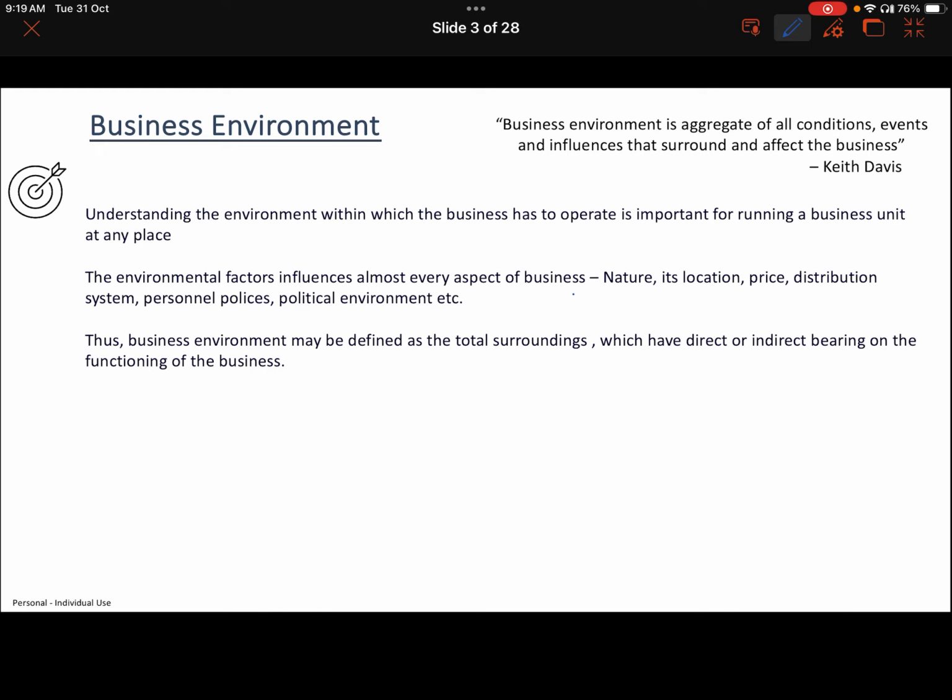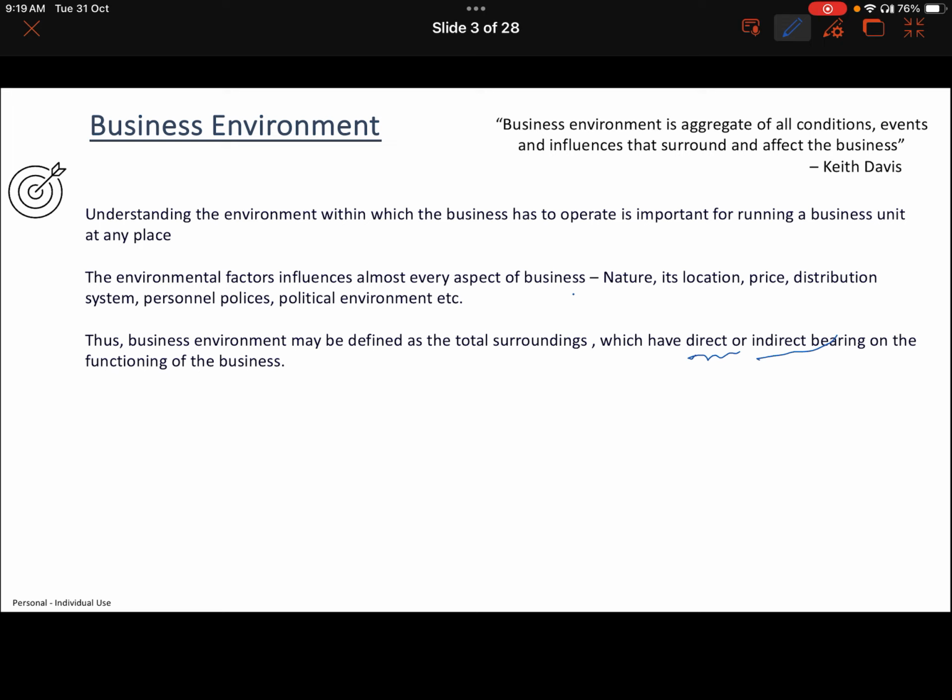Okay, so that's why the study of environment is more important. And it is not necessary that every environment factor will impact you directly. There may be a possibility that certain factors will impact directly, certain factors will impact indirectly.